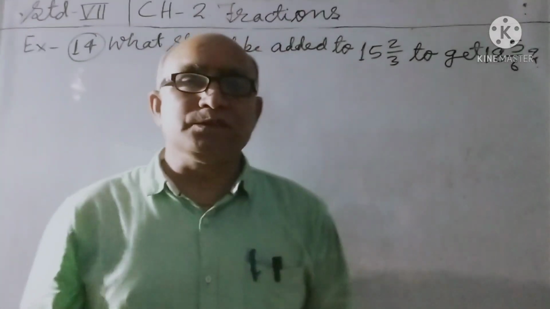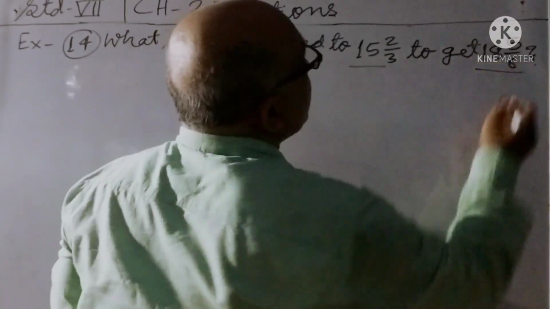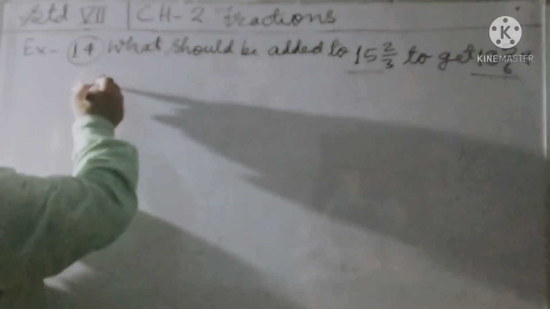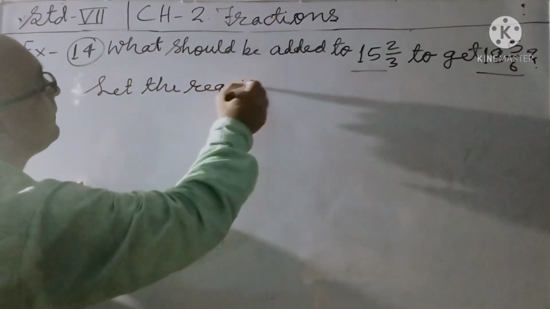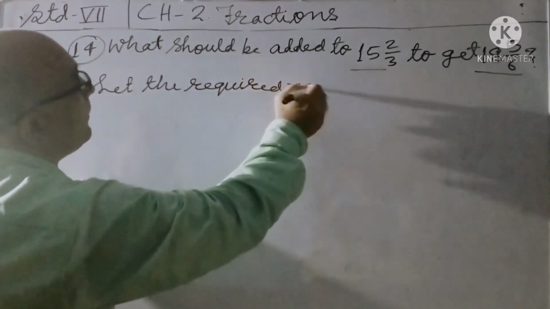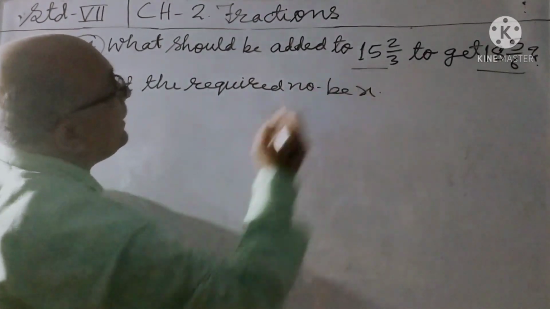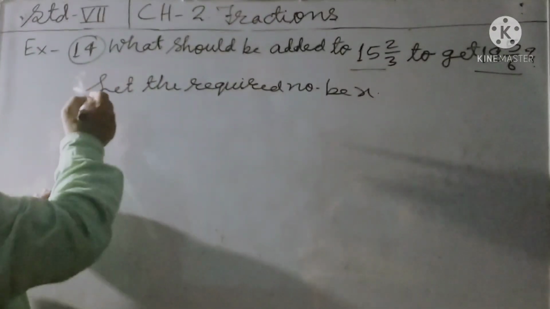Students, next question is example 14. What should be added to 15 whole 2 by 3 to get 18 whole 5 by 6? Let the required number be x.